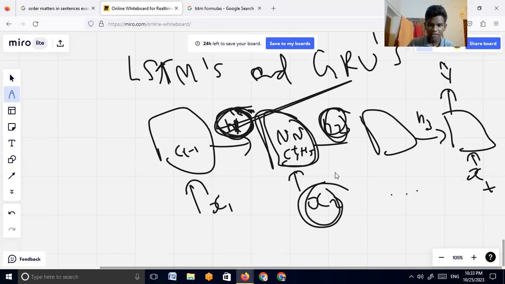So this is going to be ct minus 1, ht minus 1, with respect to this. This is going to be ct, ht. This is going to be ct plus 1, ht plus 1, and so on. So basically, we'll be taking this previous cell state that is also calculated.